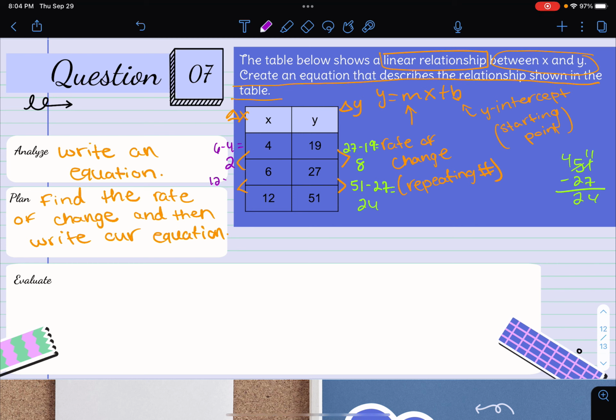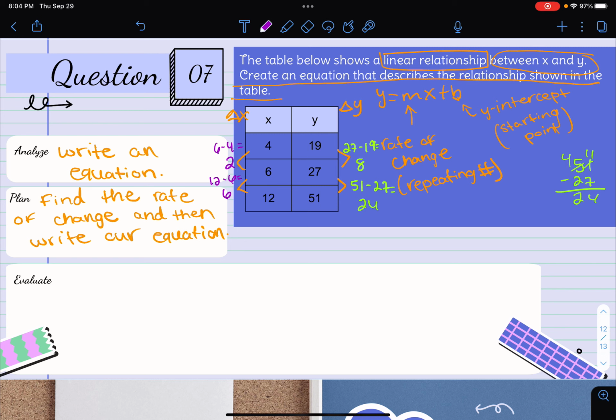So again, 12 minus 6. That gives you 6. Okay? And then those are positives because as you go down, for each x value, you're adding. Okay? So like going from 4 to 6, we're adding 2. If we were going the other direction, then it would be negative.